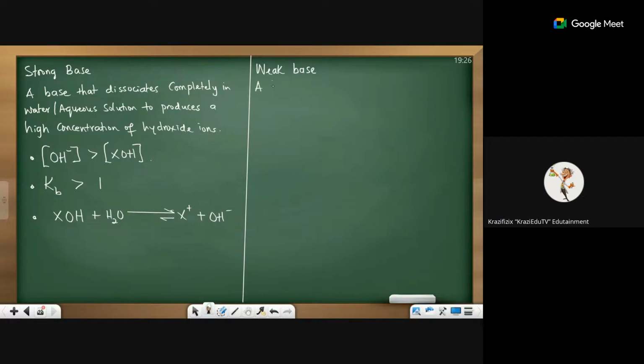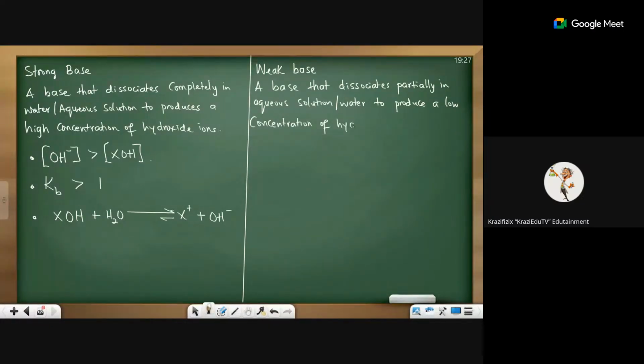A weak base, we're just switching things around if you notice. A base that dissociates. Now, what would this be? Partially in an aqueous solution, which is basically with water, to produce a low concentration. So if it's partial, it's going to be low. And if it's a base, it's going to be what?